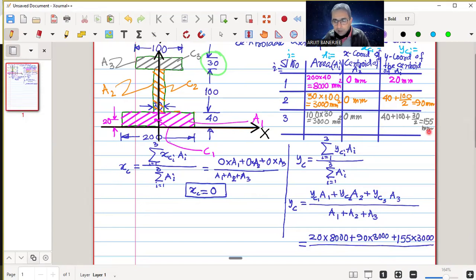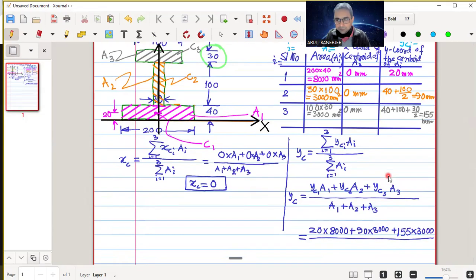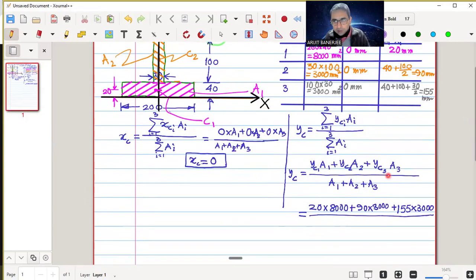Okay. And in the denominator, we have these three: 8,000 plus 3,000 plus 3,000.